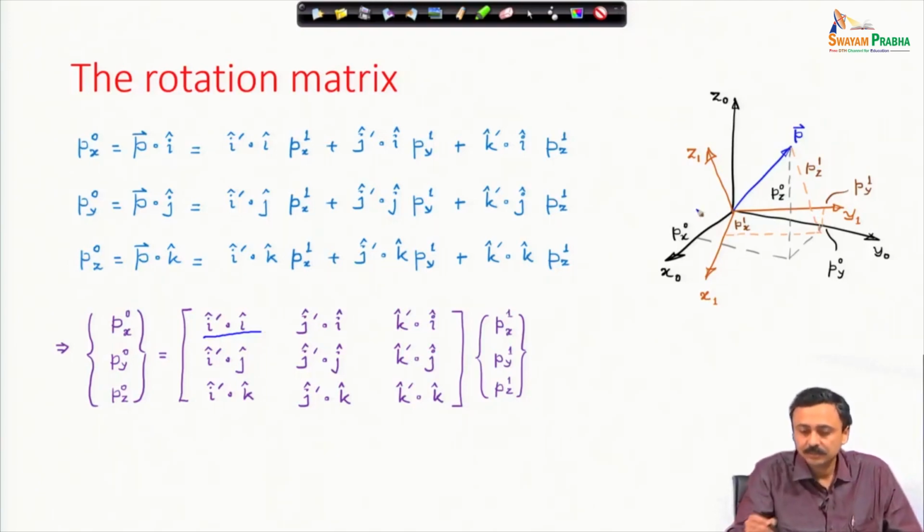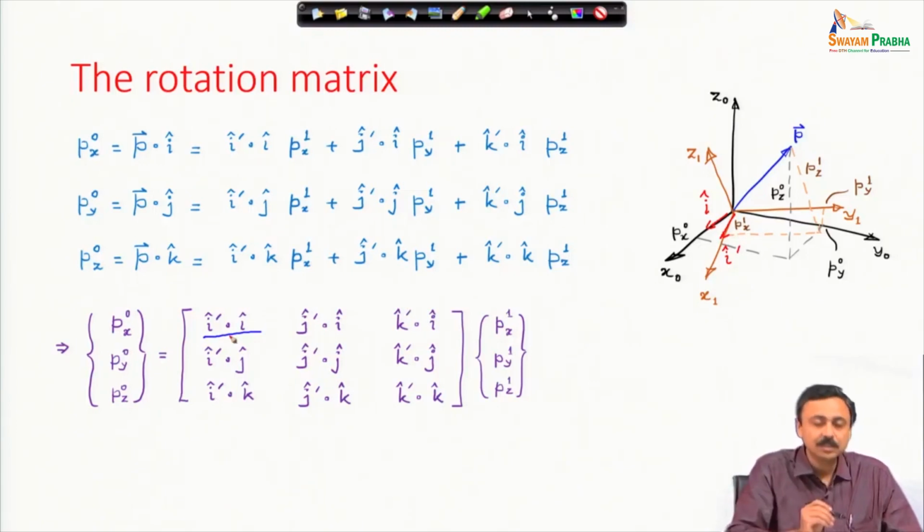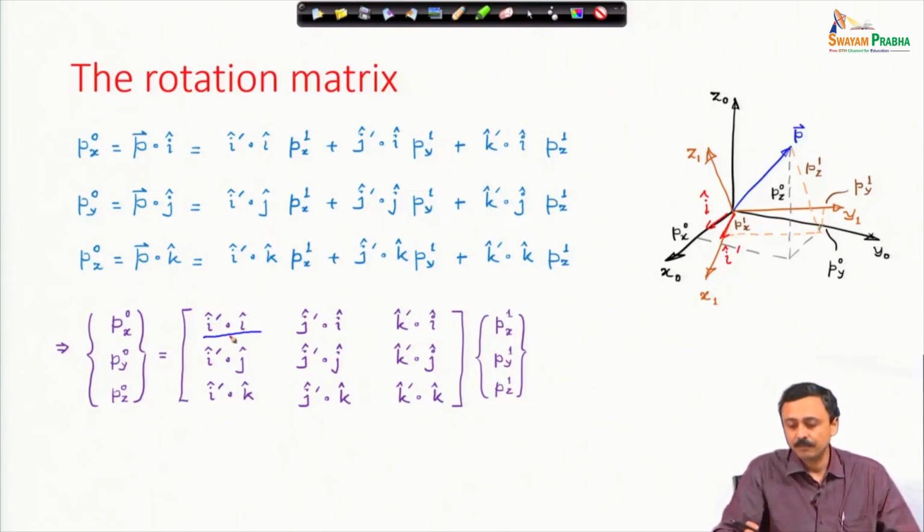Unit vector along this is I cap, unit vector along this is I cap prime, and if you take the dot product of two unit vectors, it gives me the cosine of the angle between these two vectors. Therefore, this is the cosine of the angle between x naught and x 1.